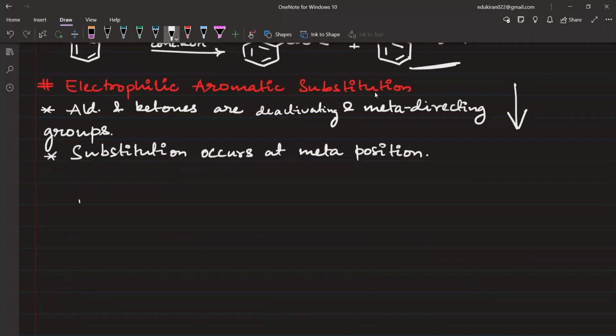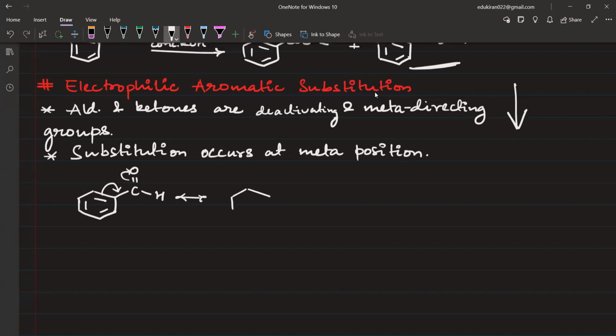If you see the resonance of aldehyde and ketones, both will have C double bond O, and there will be H or R, whatever group will be present here. If you have H, it is aldehyde, R if it is ketone. So in this case, the resonance happens like this.